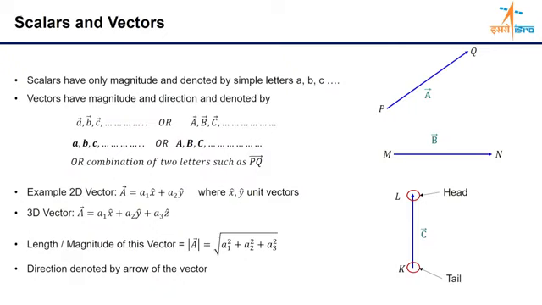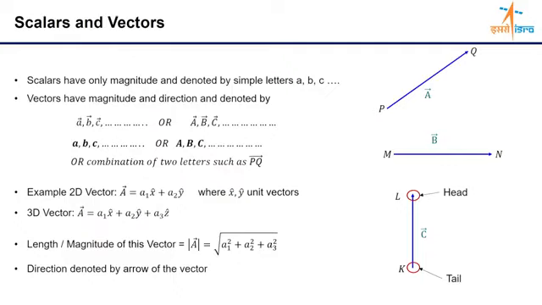In order to understand, we first have to understand what a scalar and what a vector quantity is. Scalars are physical quantities which have only magnitude, and generally they are denoted by simple letters like a, b, c or x, y, z. There are other types of quantities called vector quantities.